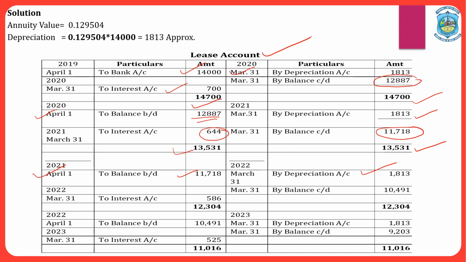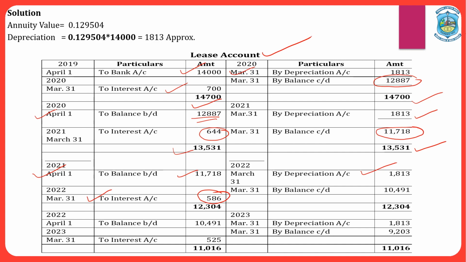If 11,718 we are investing on 1st April 2021, what shall be the amount of interest that will be due after 12 months? So, 11,718 at the rate of 5%, the amount of interest is coming 586. Entry will be asset account debit to interest. That is the reason in the debit side we have mentioned to interest 586.